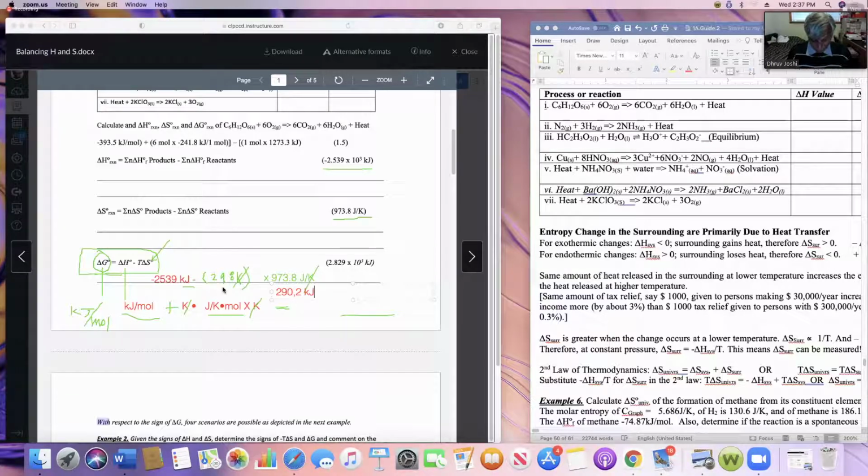So minus 2,539 kilojoules minus 290.2 kilojoules.